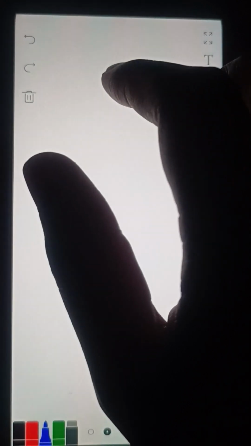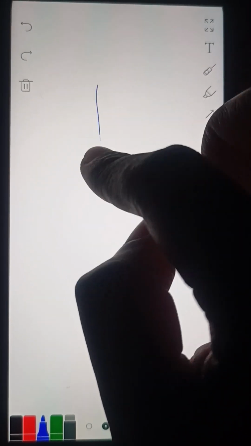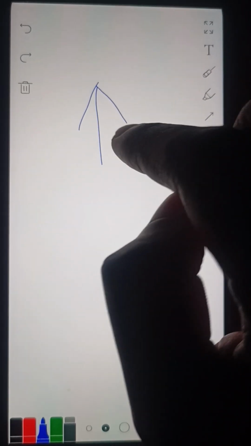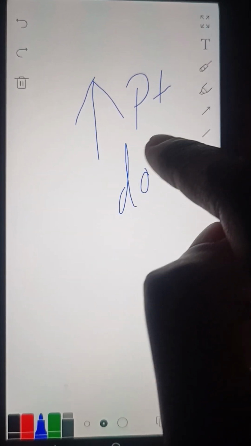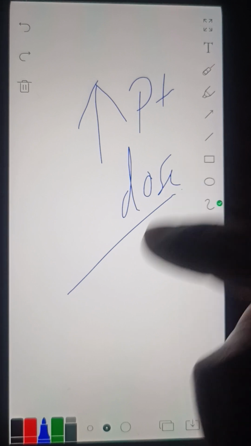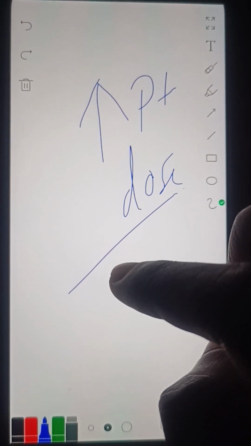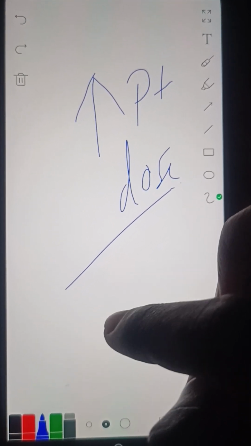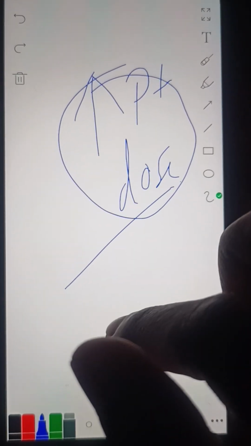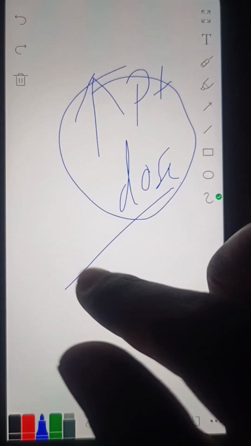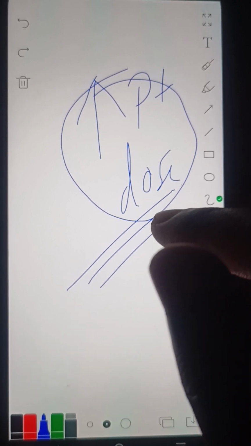As we use the grid, we have to increase the patient dose. The amount of X-ray that is given to the patient, that is the patient dose, will increase. That is the main disadvantage of using a grid.